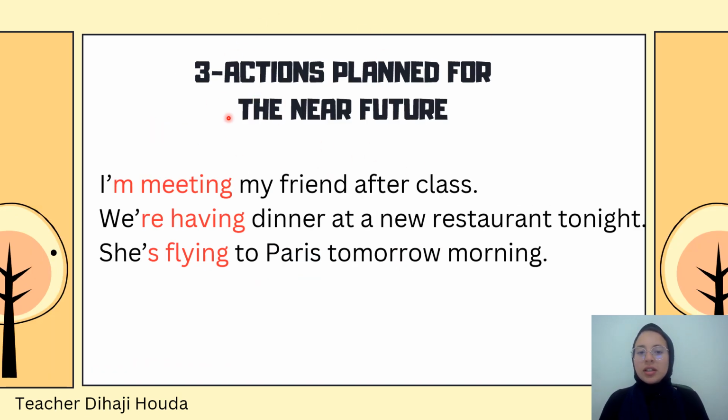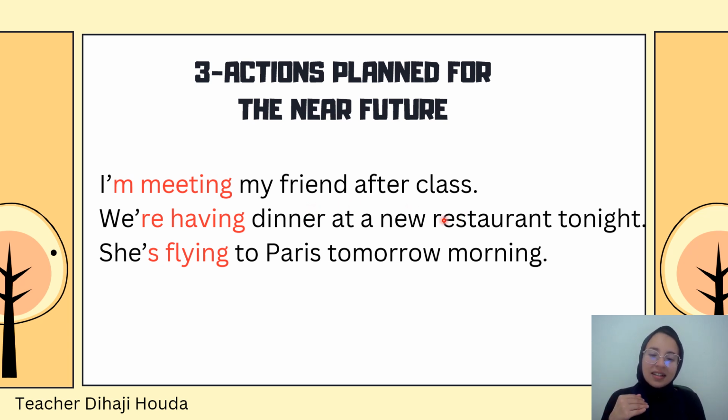Now the third kind of usage of the present continuous is when we want to talk about actions planned for the near future. So for example, if I want to tell you that in a few moments I'm going to meet a friend, how can I say it in a smooth and native speaker like way? I'm going to use the present continuous. As you can see here in the first example, we have I'm meeting my friend after class.